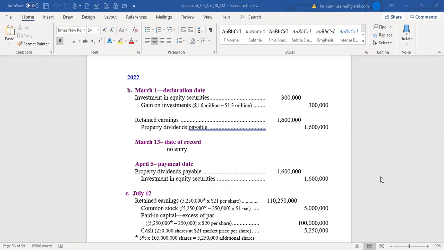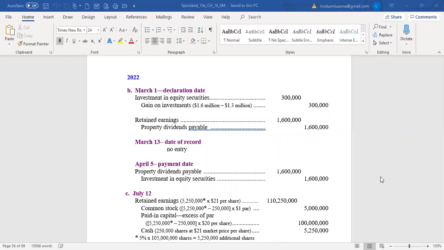What we want to do is first determine how much is this stock dividend worth. So your first step is, well, how many shares of stock are going to be included in this stock dividend? Notice the stock dividend is quoted in terms of a percentage of the outstanding stock.